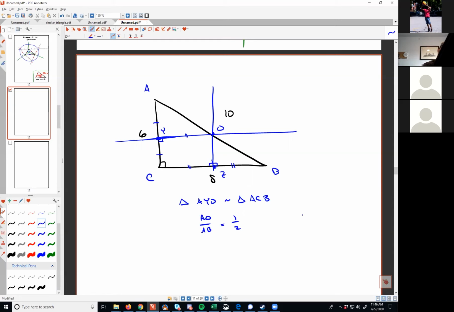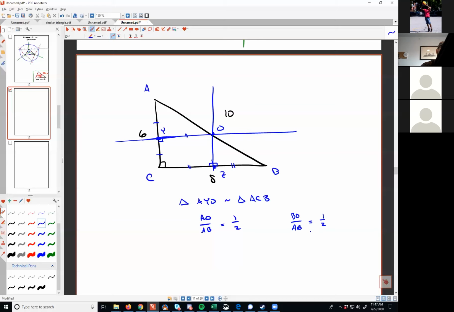Okay, similarly, we could show that OZB is similar to triangle ACB, and we have a ratio of similarity of 1/2 also. So BO over AB is 1/2.